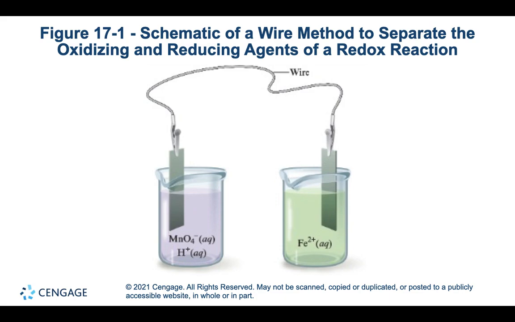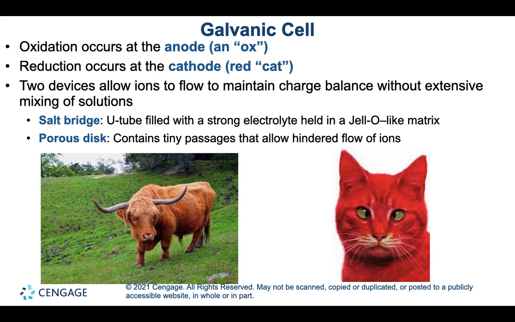Now, there's a funny way of remembering which is which, and that is to imprint on your brain two mental images. So look at this picture on the left. That picture on the left is a picture of an ox. An ox. Anode, oxidation. An ox.